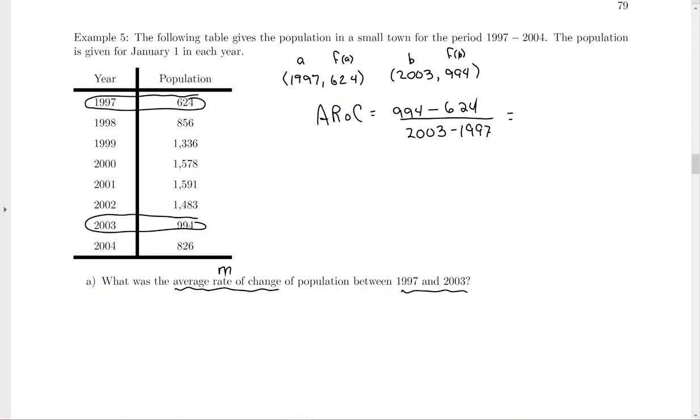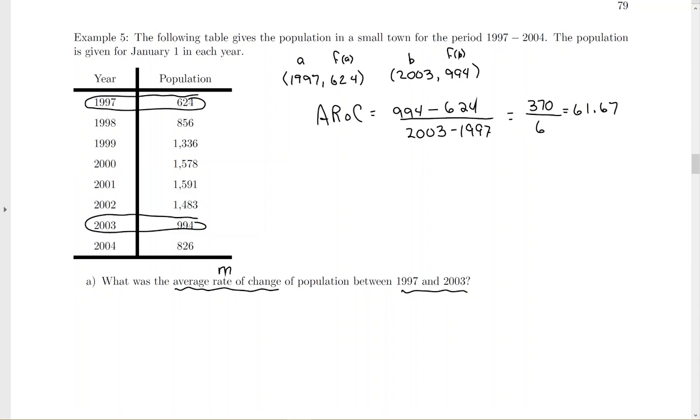And then again, I'm encouraging you to not just jam it all into your calculator, but take it in parts. Do the numerator, do the denominator, then do the division. If you do that, it's about 61.67.